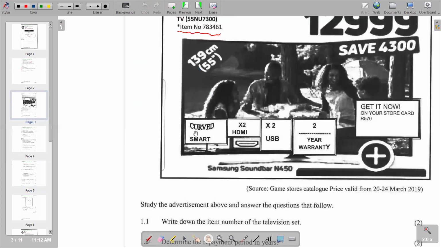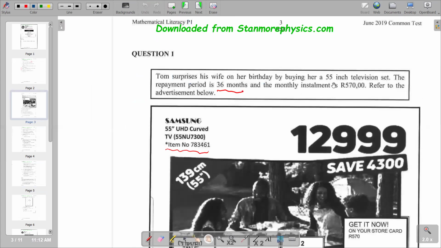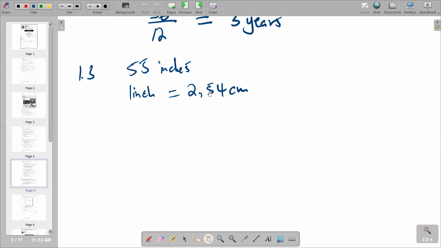Our 55 inches, we now say 55 times 2.5 centimeters to get our centimeters.